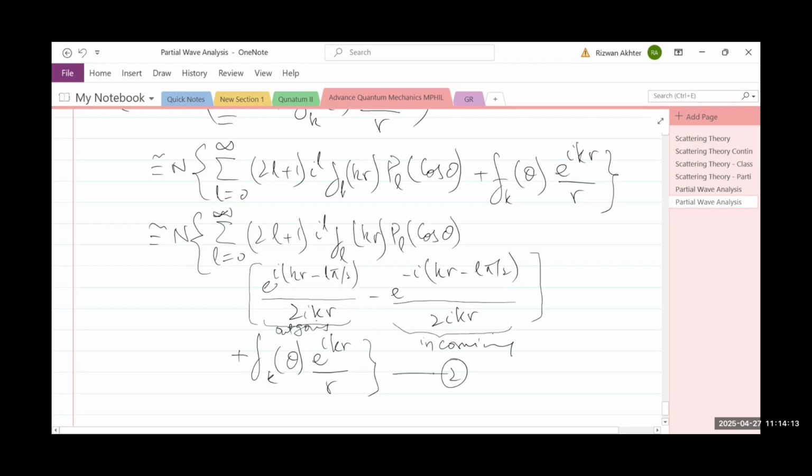As we just discussed, this gives you an opportunity to determine the coefficient C_L.